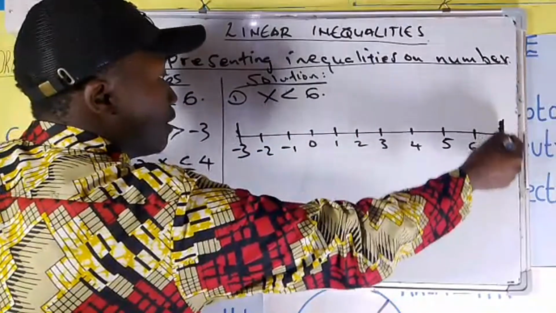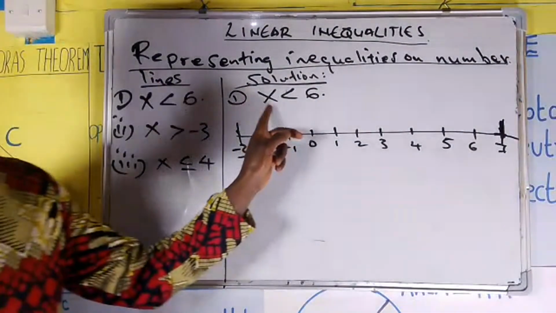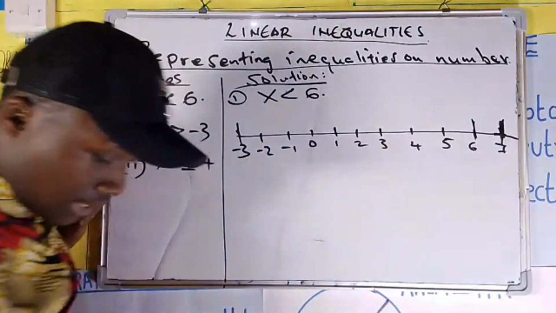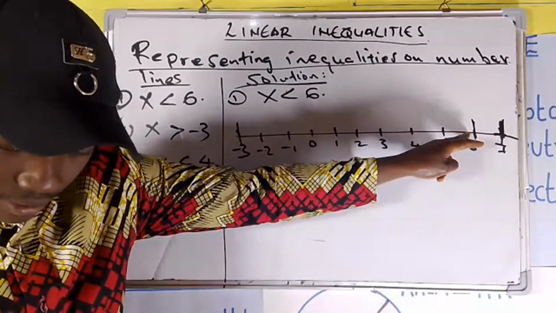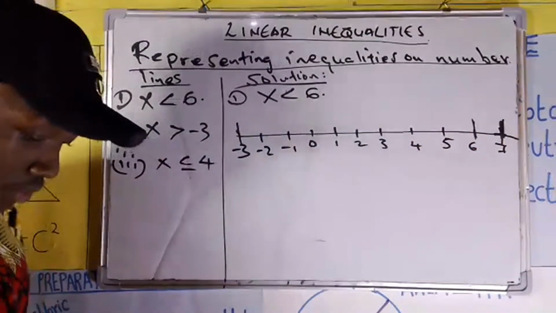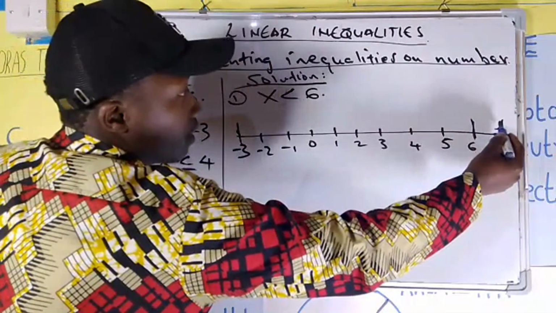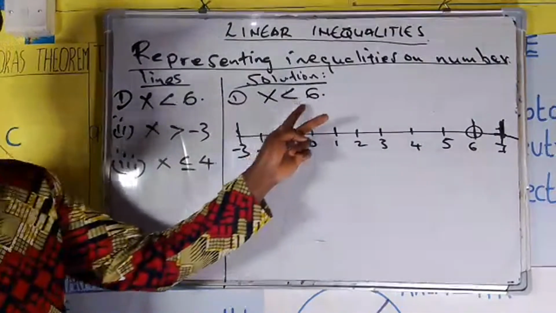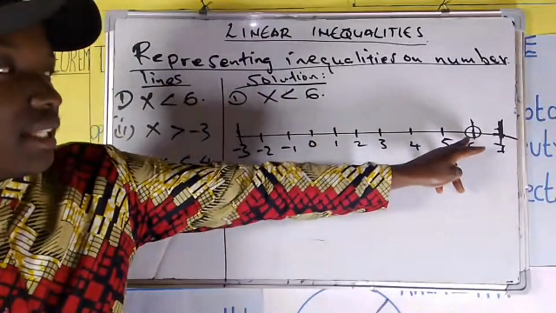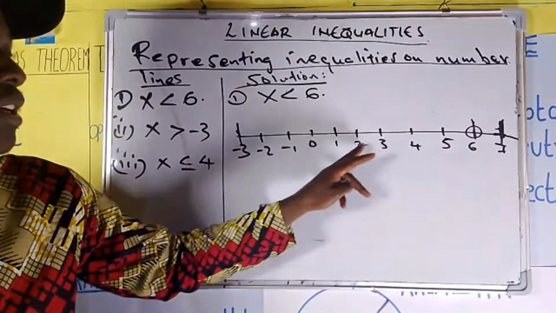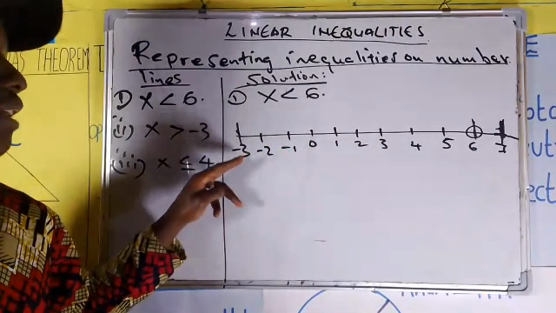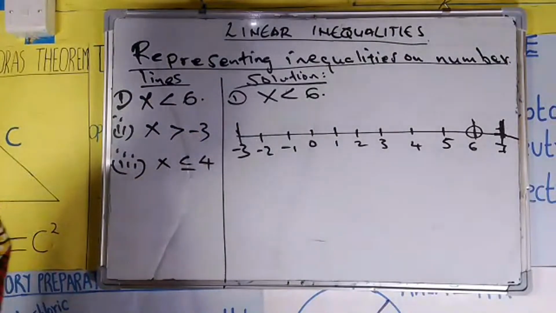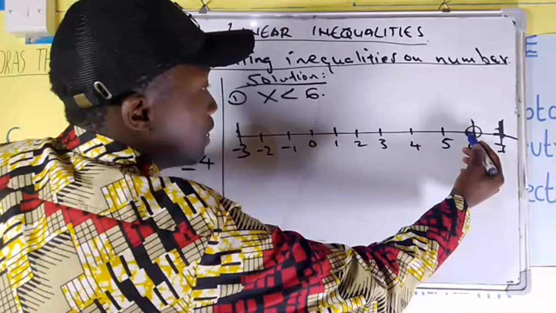So talking of x is less than 6, we will come here and circle where 6 is. When we talk of x is less than 6, it is anything that is below 6. So we have 5, 4, 3, 2, 1, 0, -1, -2, -3, up to unknown. We can say it is infinity. So we'll just demonstrate it by showing like that.